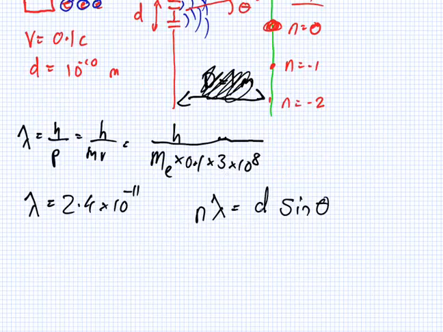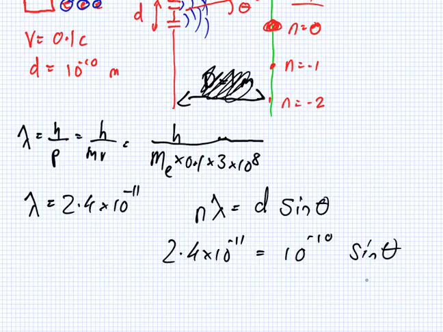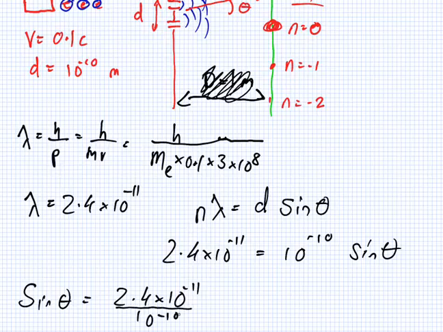Okay, so the n is 1, the lambda is 2.4 times 10 to the minus 11, the d is 10 to the minus 10, and we have a sine theta. Of course, you shouldn't need to know the distance for the angle, it's just an angle. Sine theta equals 2.4 times 10 to the minus 11 all over 10 to the minus 10.